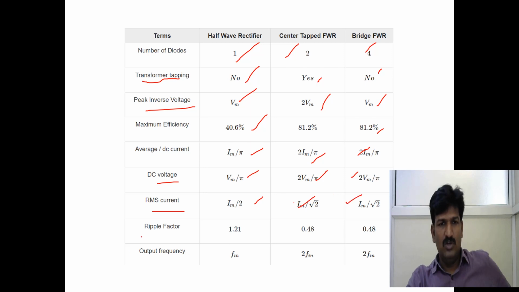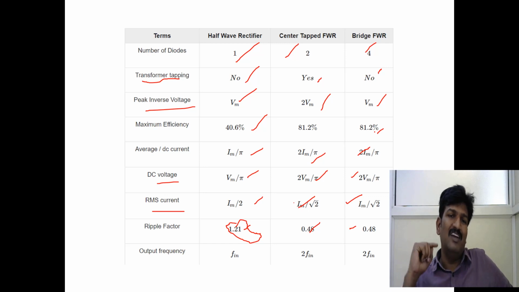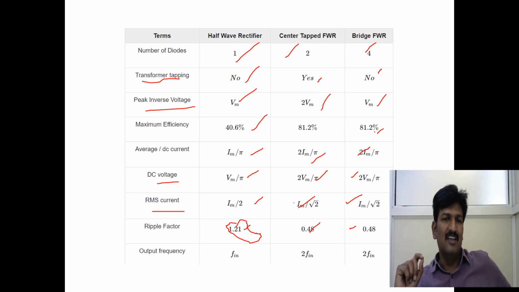Ripple factor: it is 1.21, then 0.48, and 0.48. Your ripple factor should be minimum. Your ripple factor is more in the half wave rectifier, and very small in the center tap and bridge rectifiers. Already I told you that ripple means the unwanted AC signal present in the converted DC current, and that is called the ripple factor.